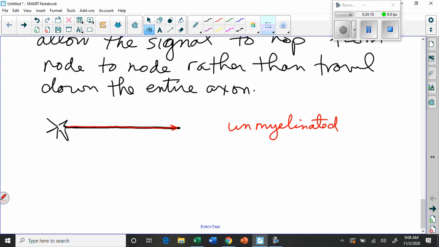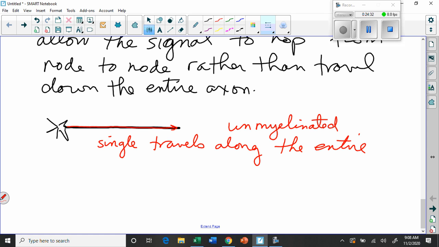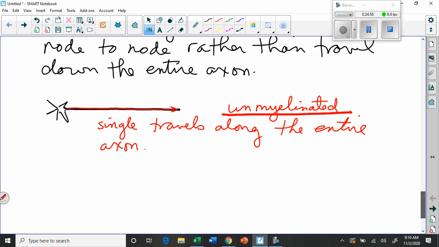All right? The signal travels along the entire axon. All right, so this is an unmyelinated nerve cell, and what happens is the signal travels along the entire axon. Whereas other nerves, okay, I'll go back down, there we go.